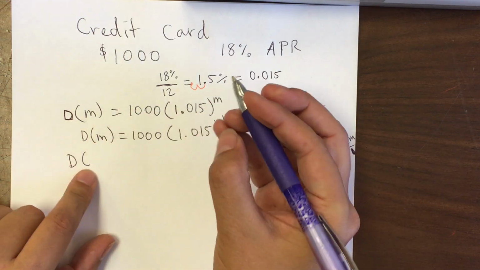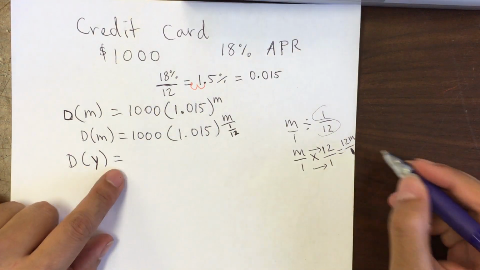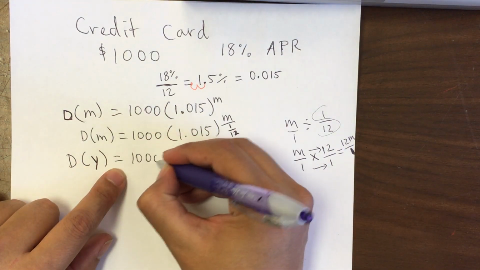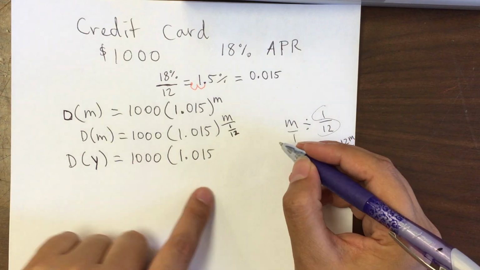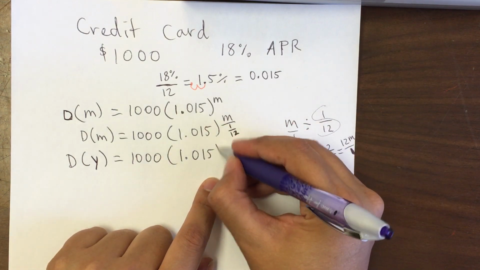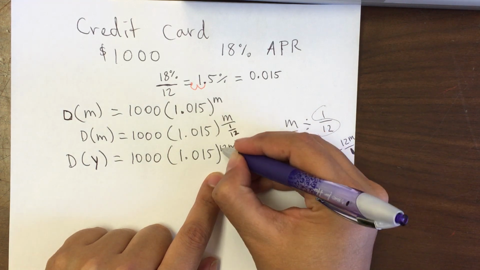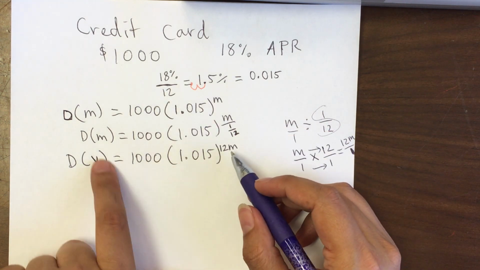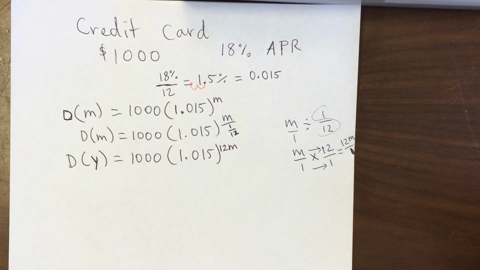So we can say that D of Y, because we're talking about the 12 months, D of Y equals 1.015 to the now 12 months. Remember that 12 months is the year. That's why we're talking about now into years.